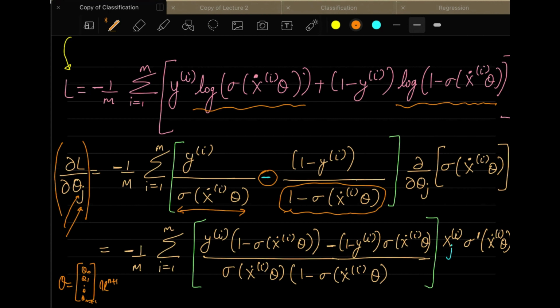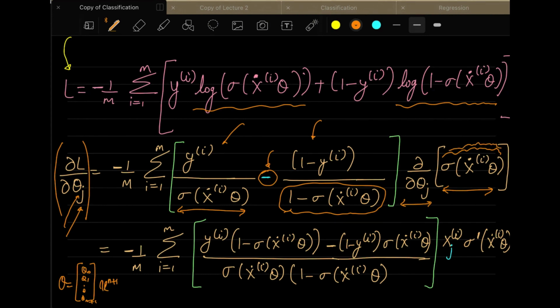I'm taking 1 minus x down, and the minus sign is there, and then you take the derivative with respect to theta j of this. This derivative term is common to both terms, so I have taken it out. This is the derivative with respect to theta j for this particular expression here.